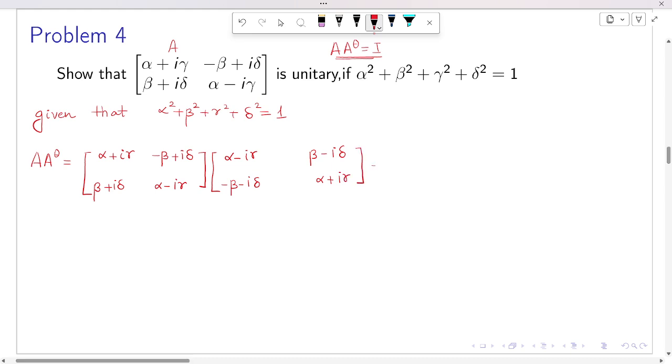We need to prove that the product of these two matrices is the identity matrix. Let us start multiplying. Alpha plus iota gamma into alpha minus iota gamma. Let us write it in the next row. Let us write it here.